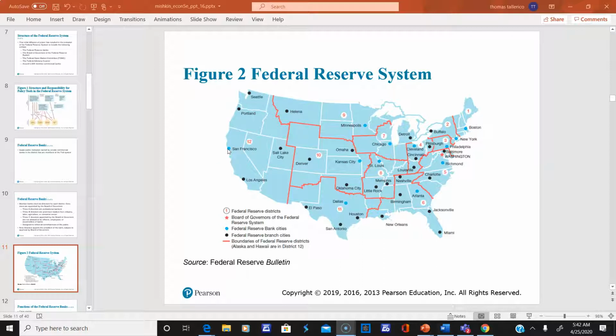And the small blue circles are branches in other cities. So for instance, if you look at California, here's the Federal Reserve Bank in San Francisco, but there's a branch in LA. And if you go to New York, down on Liberty Street in Manhattan is the bank, but then there's a branch in Buffalo. Each of these is broken down, and the red lines, of course, are the boundaries for the 12 areas.